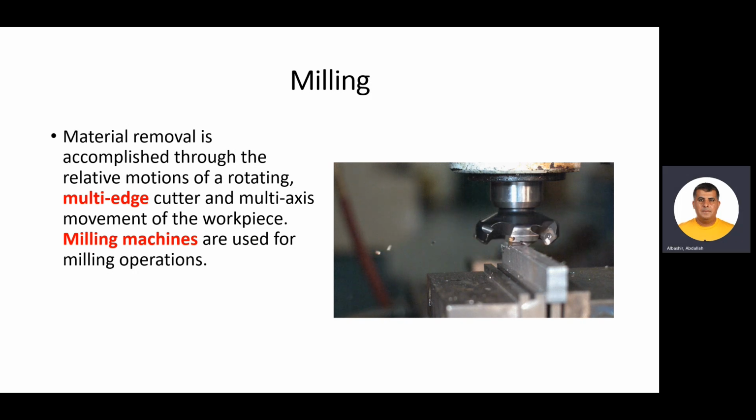The workpiece in the turning was moving in rotational movement, but here the cutter is moving in the rotational movement, and when it rotates, it cuts from the surface of the workpiece. It moves here, the workpiece, in the XY and the Z direction. The Z direction is the depth direction.